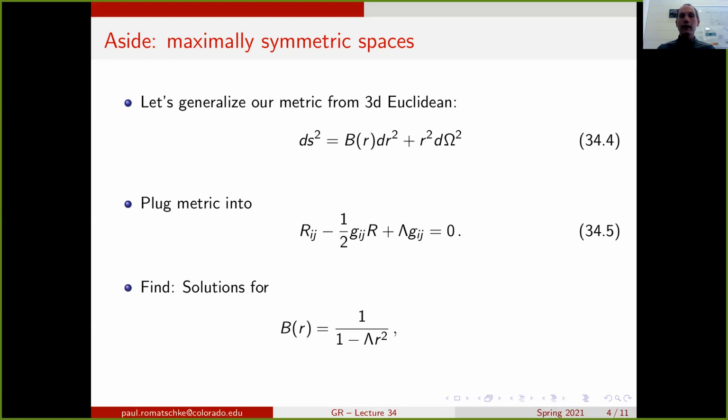We find that this metric here is a solution if the function b of r is given by 1 over 1 minus lambda r squared. As an aside, we find that for these solutions, the Ricci scalar is given as 6 times lambda. So if lambda is a constant, the Ricci curvature will be a constant. And this is one of the properties of these maximally symmetric spaces.